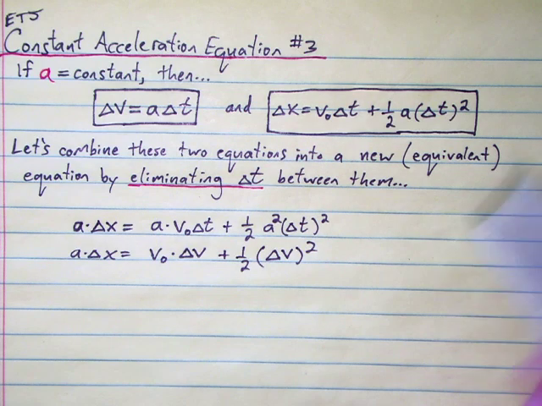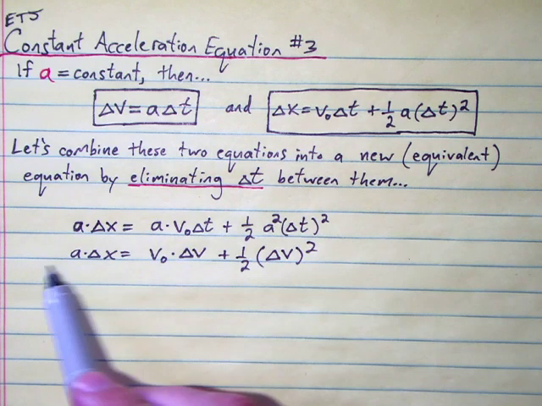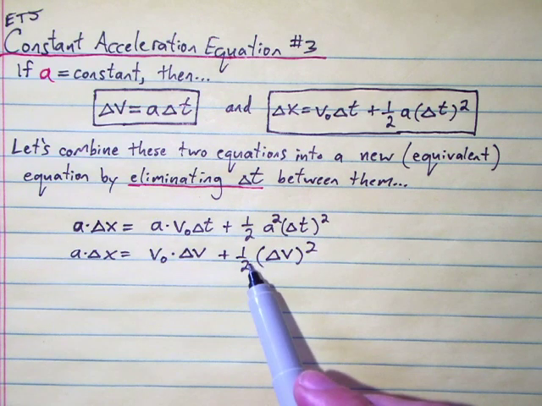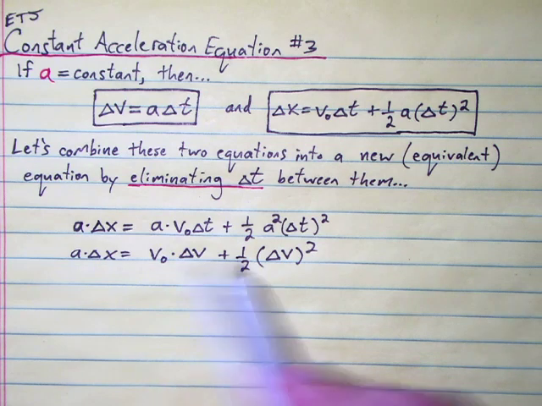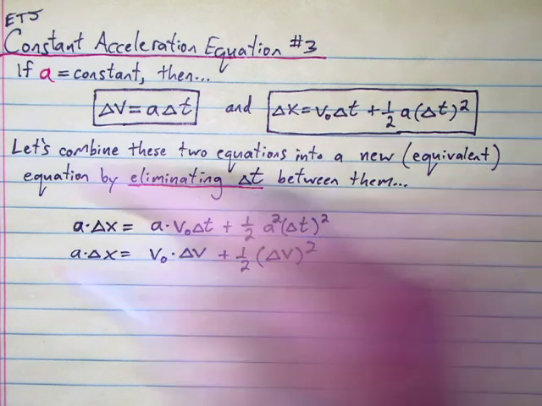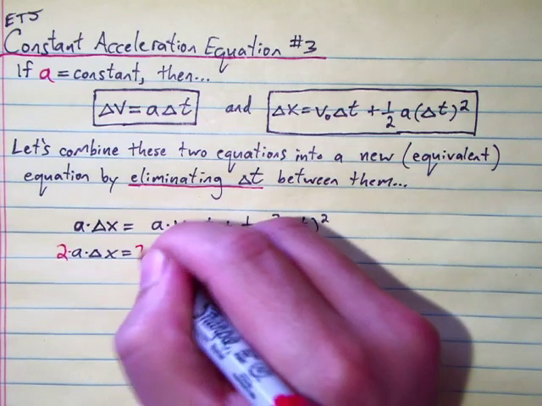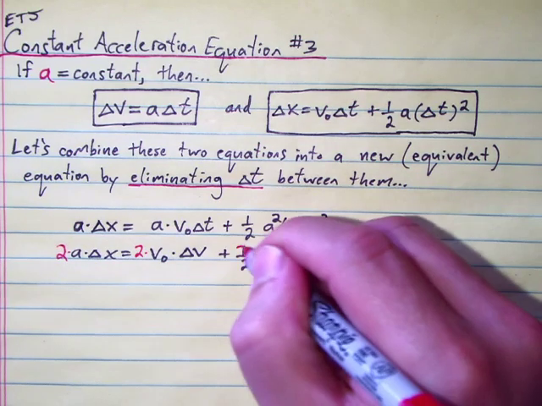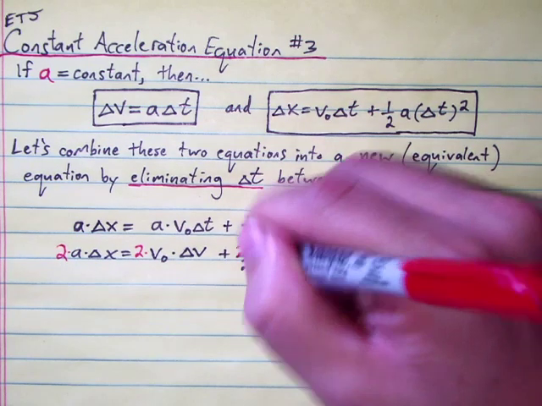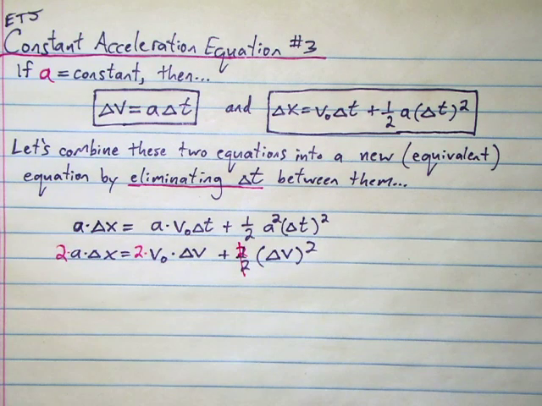All right, next up, I'm going to multiply through by 2. I don't like this 1/2 right here, so I'm going to multiply the whole thing by 2. 2 times that side, 2 times that term, and then 2 over 2 becomes 1 right there.